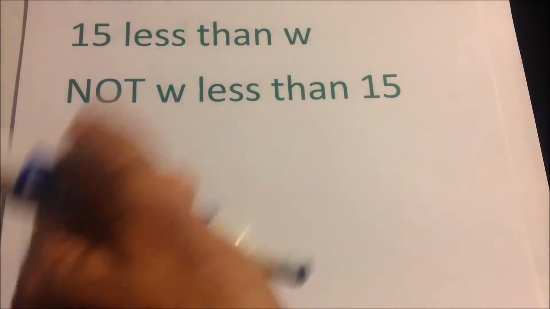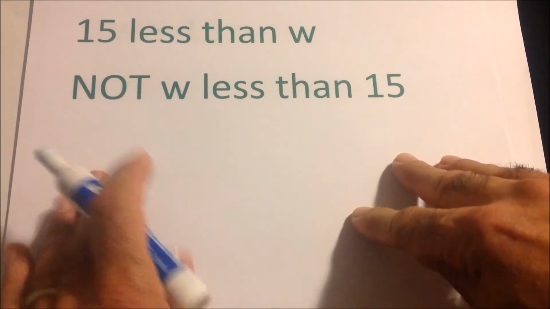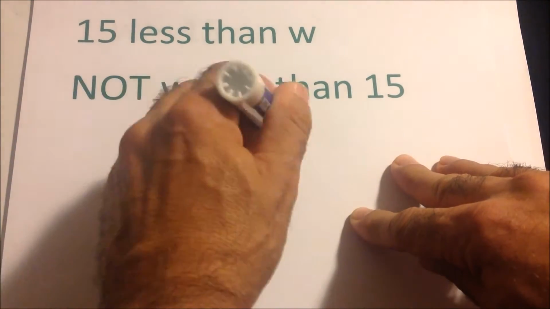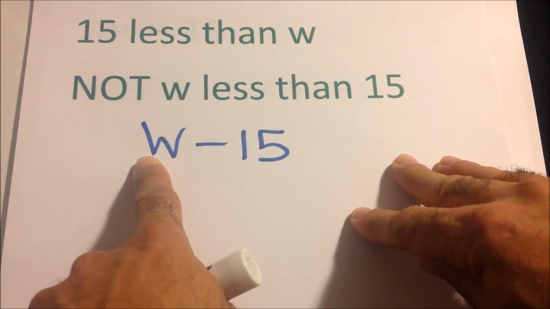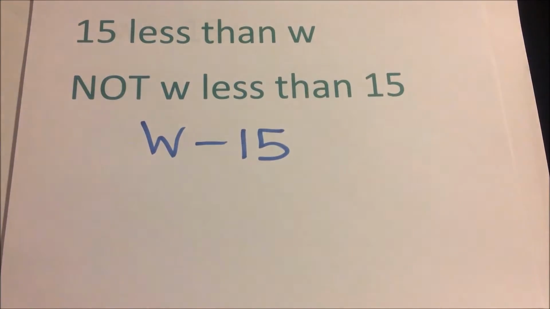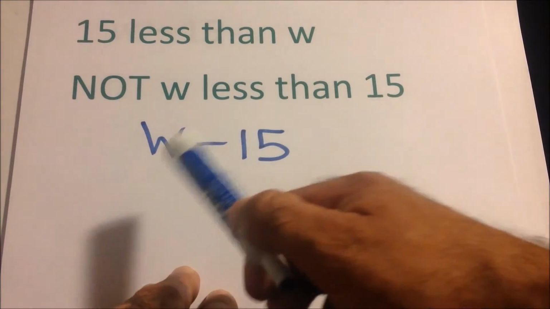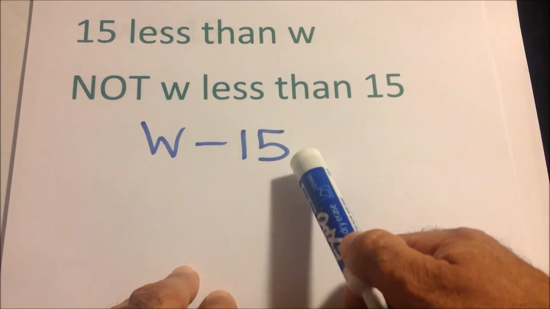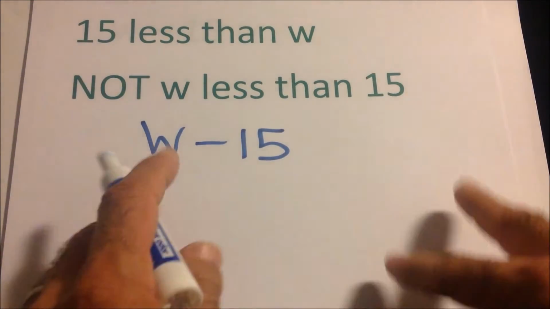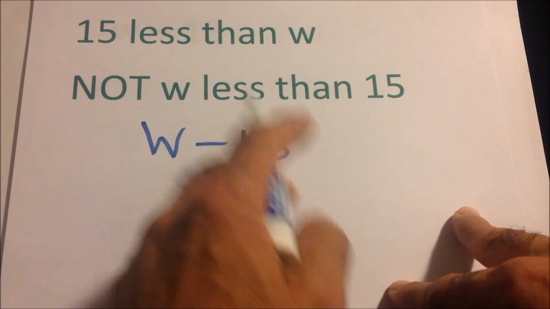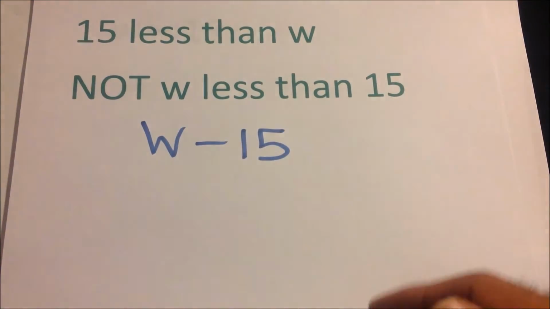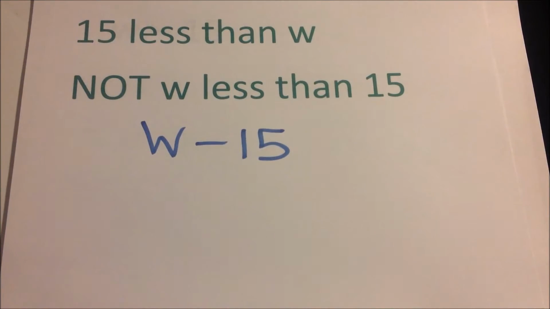So again, 15 less than w, which we'll just say a number. 15 less than that. So you can say a number, take away 15. You can say the difference between a number and 15, right? Or you can say 15 less than a number. So be careful with less than, and we talked about this a lot in 6th grade.